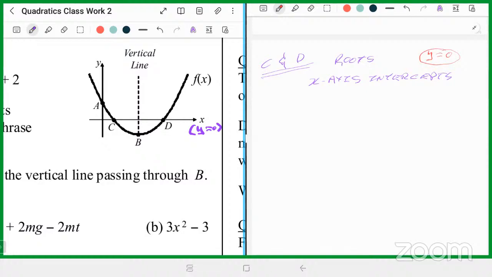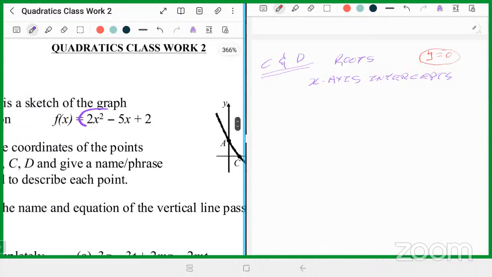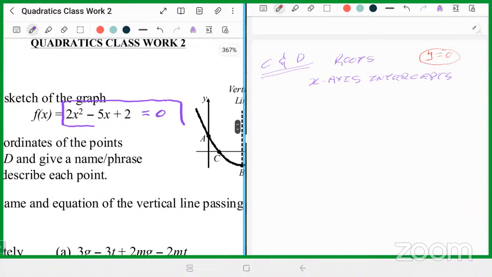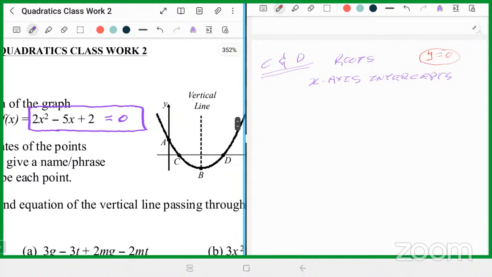The equation that is associated with this function is the one where you put the expression equal to 0. When you solve this quadratic equation related to this quadratic function graph, it gives us these 2 points. The x values that we get when we solve this equation are called roots as well. And they are the x values at the points C and D.